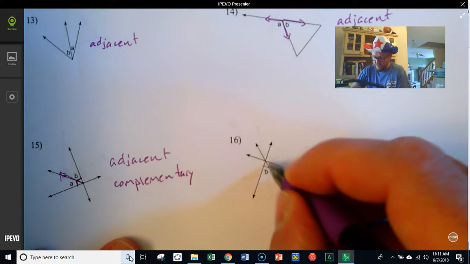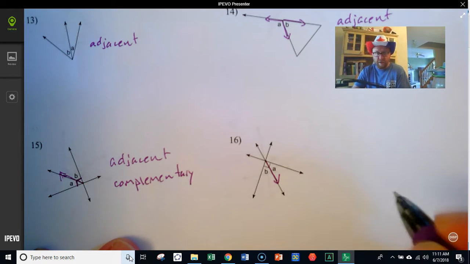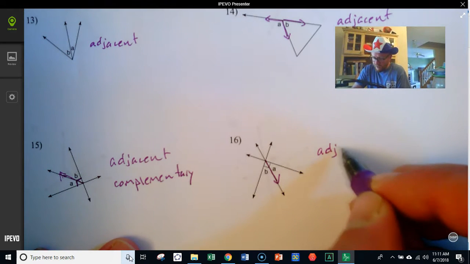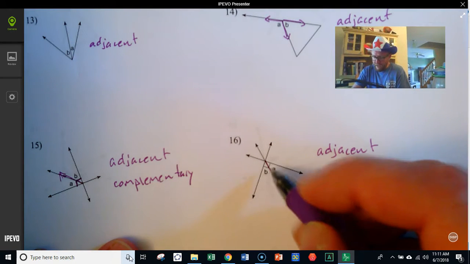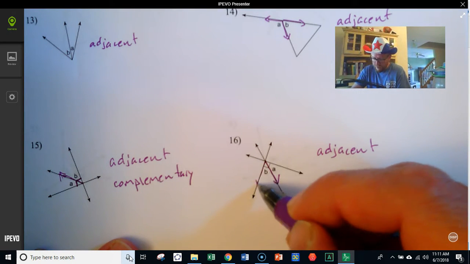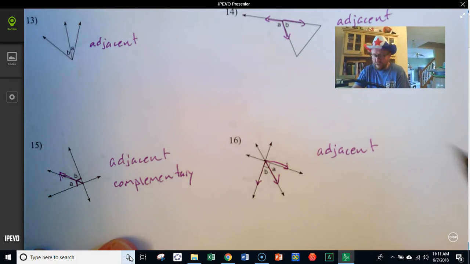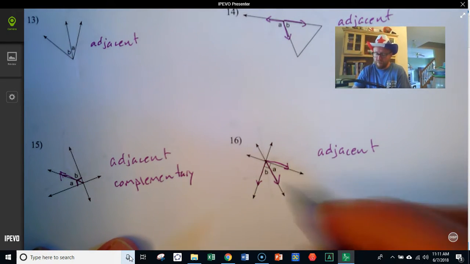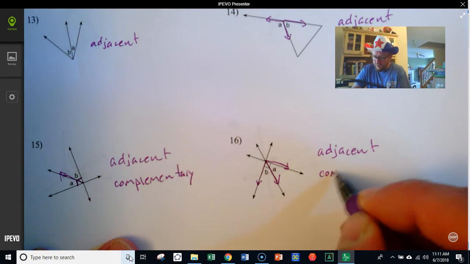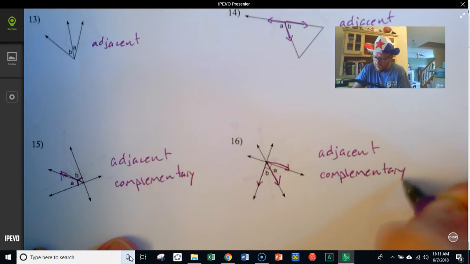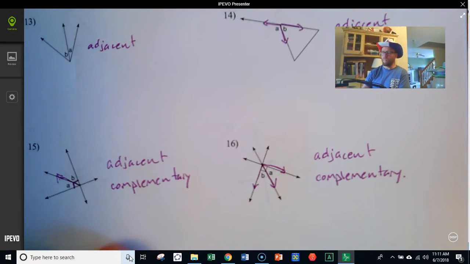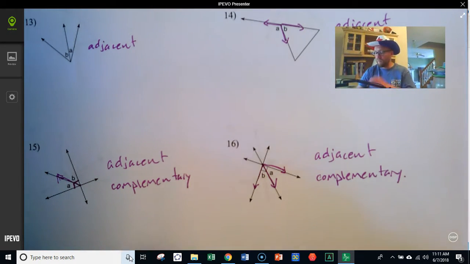Over here, same deal. They share a common side, so they are adjacent, and because the two sides over here that they don't share form a right angle, they are complementary.